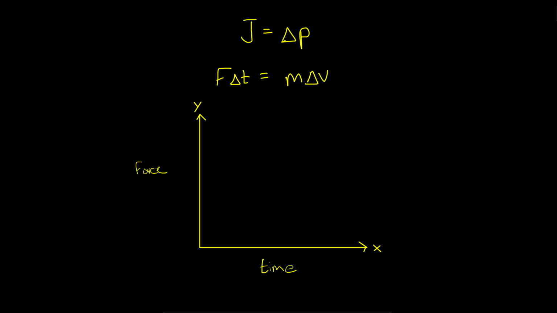Because force varies over time, when you have an object that is experiencing it, you might get a slope or a curve that might look something like this. So you can see that over time there is a change in force, and we get something like this.